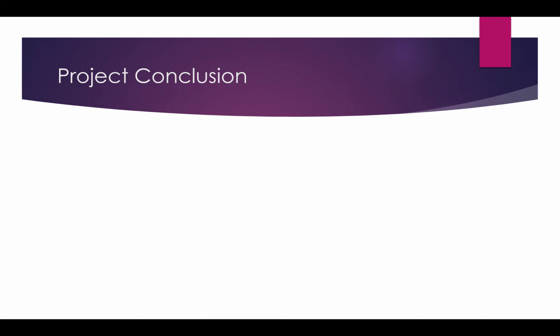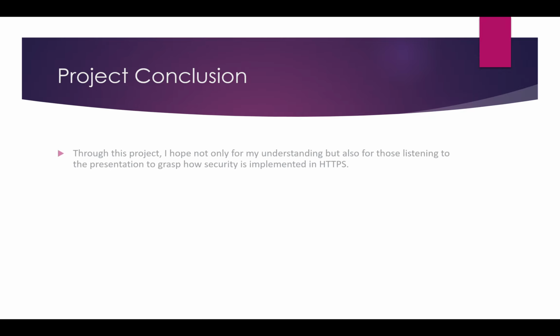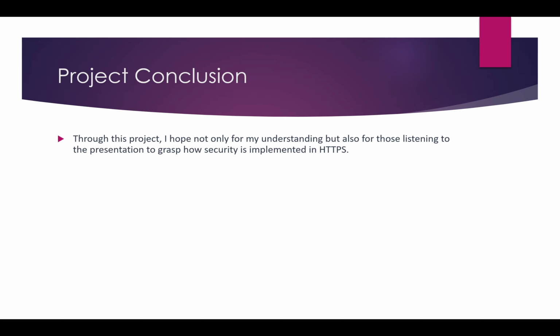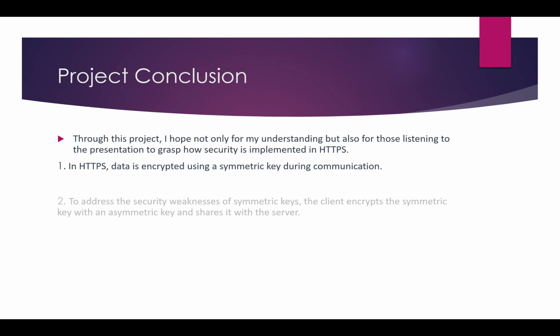And my project conclusion. Through this project, I hope not only for my understanding but also for those listening to the presentation to grasp how security is implemented in HTTPS. In HTTPS, data is encrypted using a symmetric key during communication.